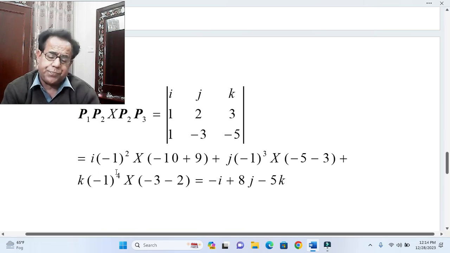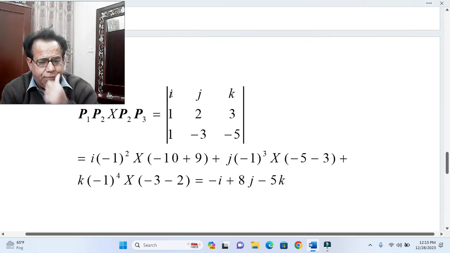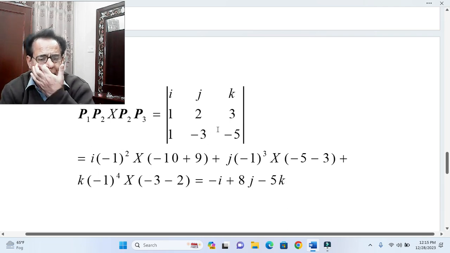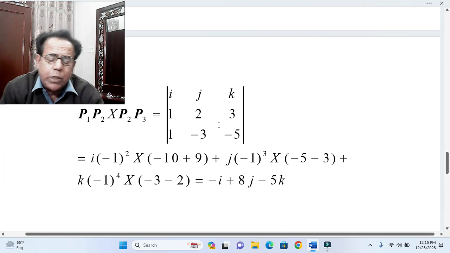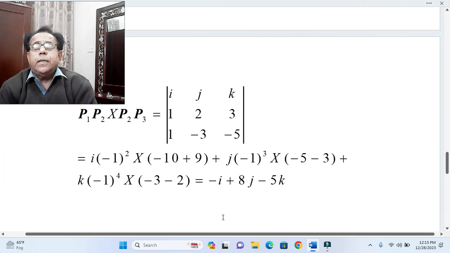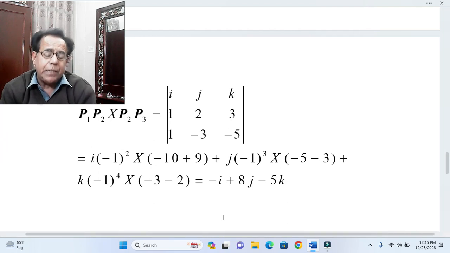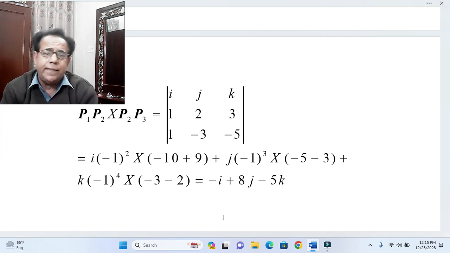For i, the first column and first row will be treated as eliminated. This multiplication gives minus 10 plus 9, because actually it is minus 10 minus 9 in the formula, but minus becomes plus, because multiplication of similar signs results in a plus sign, while multiplication of different signs results in a minus sign.